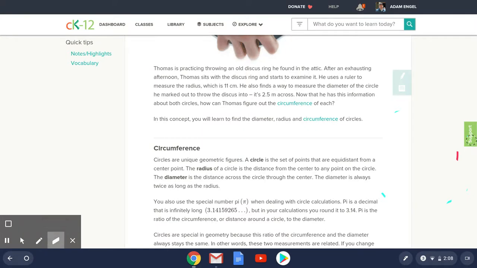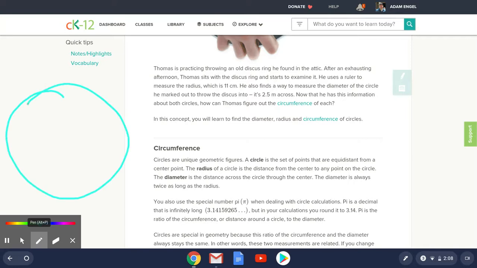The radius, my friends, of a circle is the distance from the center to any point on the circle. So if we have a circle right here, this is the center of it. The radius is right here. The radius. There's no O in radius.